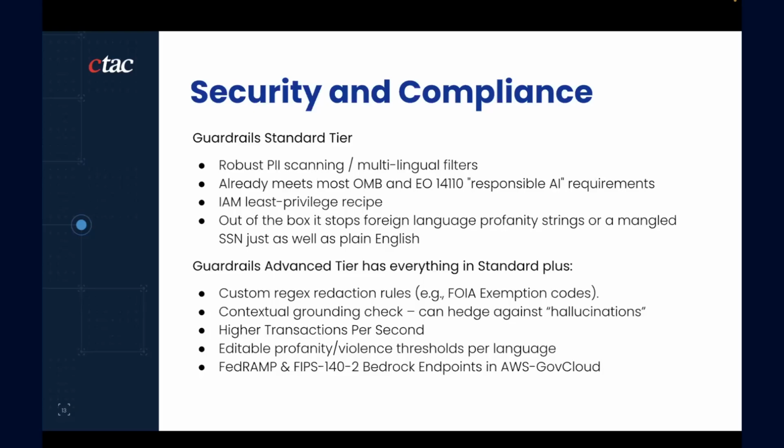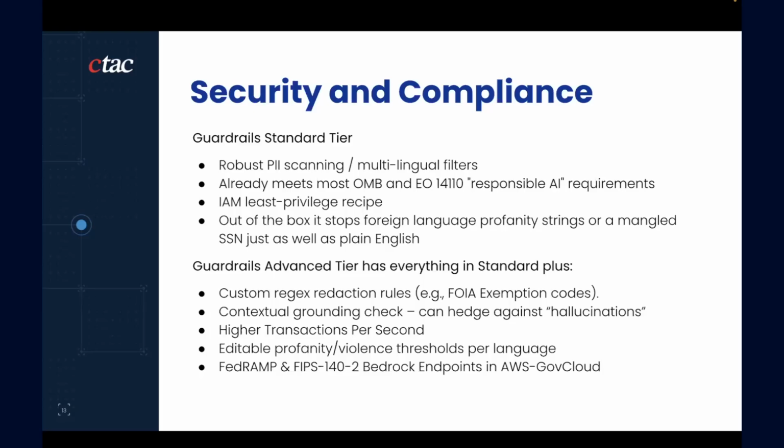So if you had some FOIA documents out there from decades ago, but found that some of these should be exempt, you could set a regex to say, if this number comes up, make sure not to return this document. So a lot of powerful things you can do with regex abilities, as well as grounding checks to make sure it understands what it's being told and what it's responding, because any AI can hallucinate, of course, but the more you use it and the more you train it, the less likely that is to happen.